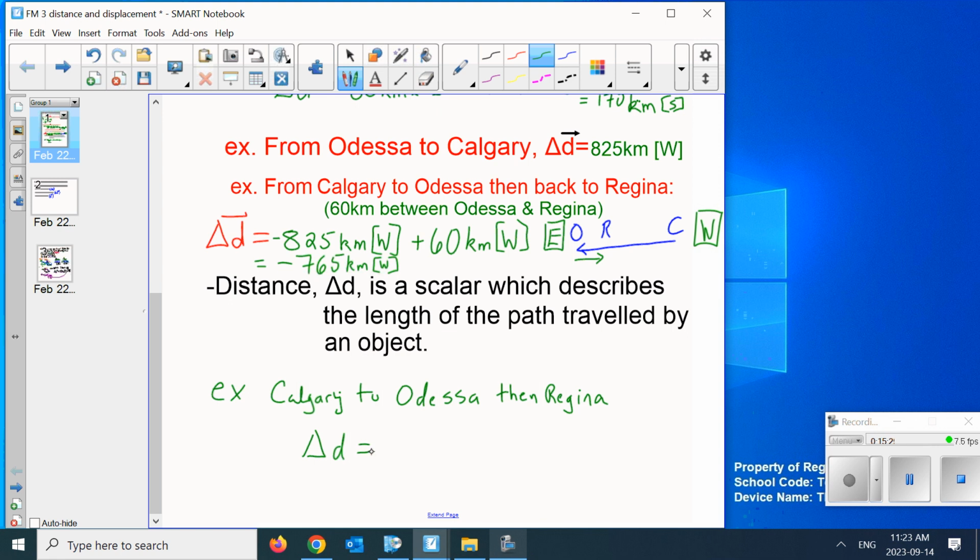We're doing absolute values. There's no subtraction involved. It's 825 kilometers to Odessa from Calgary, plus the 60. So, what your odometer on your car would read, and I made these numbers easy, 885.